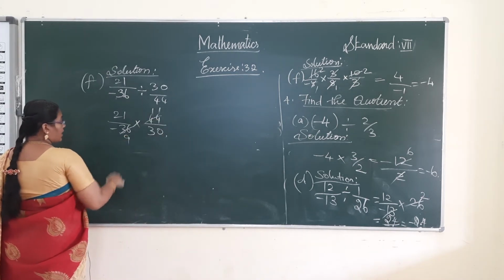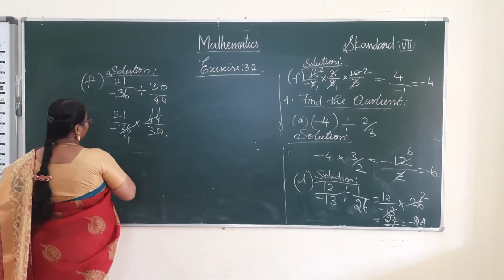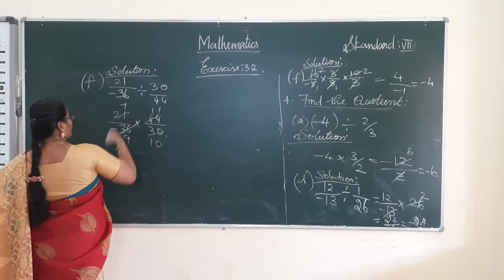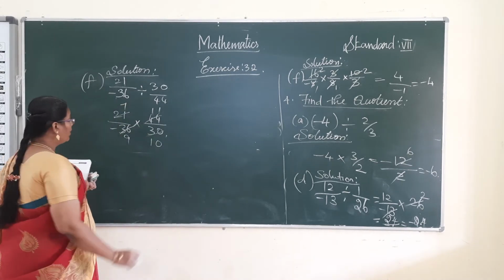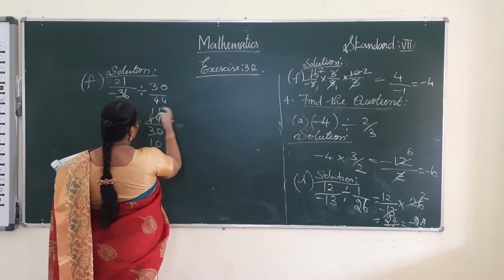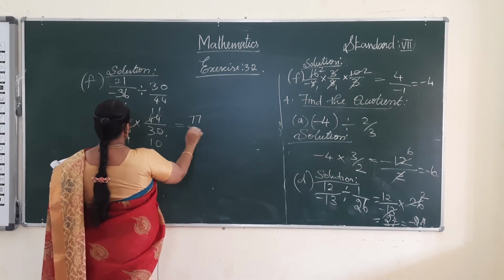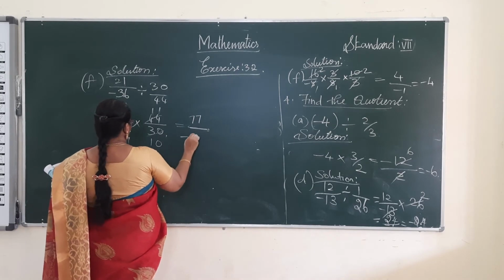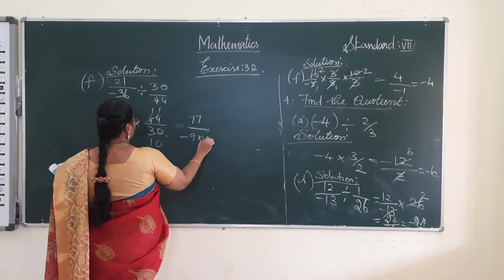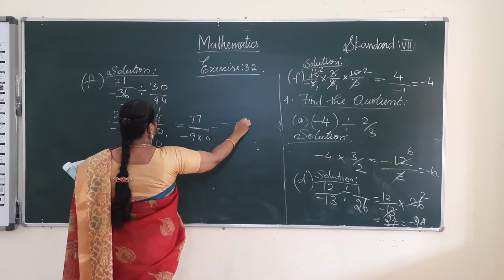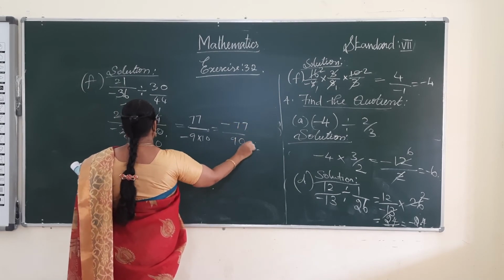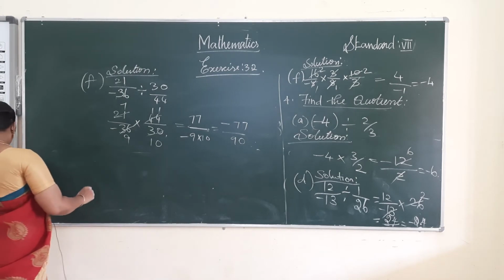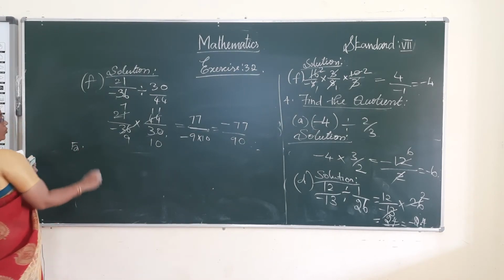Here 4 9s are 36. Here 3 table: 3 1s are 3, 3 7s are 21. Now multiply the numerators: 7 11s are 77 by, here, minus 9 into 10, so minus 77 by 90. That's all. Now remaining problems are homework.